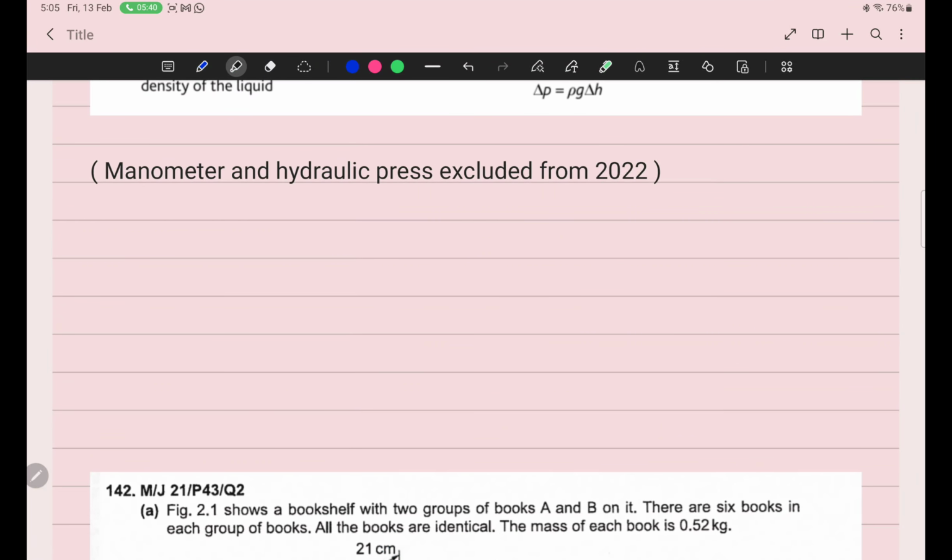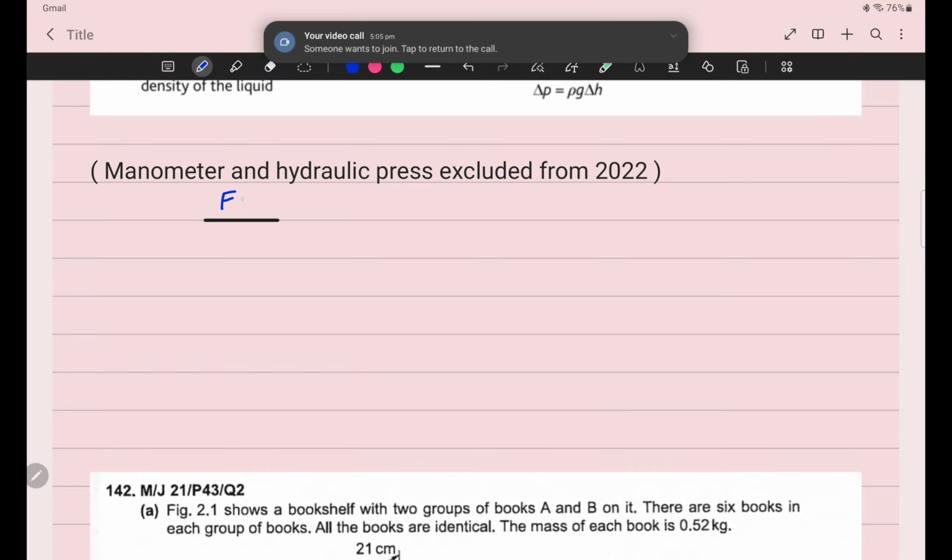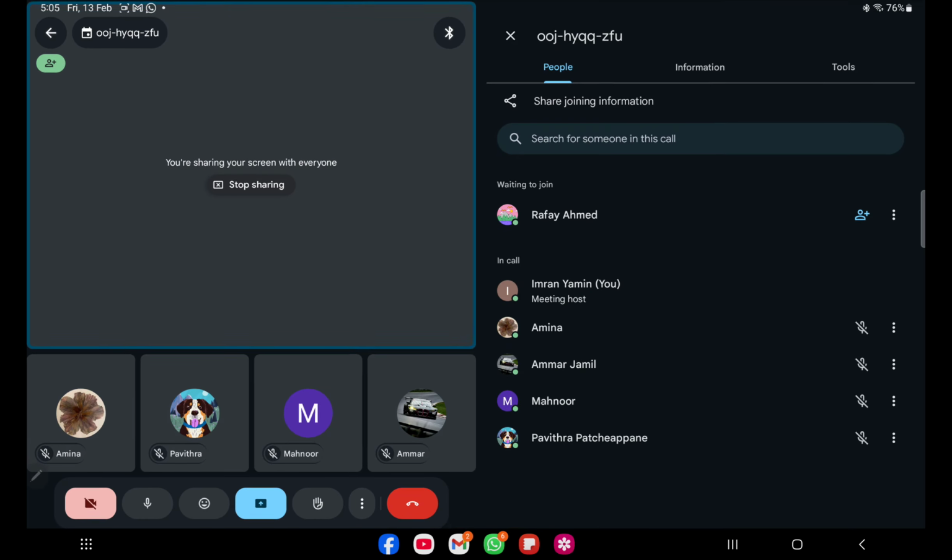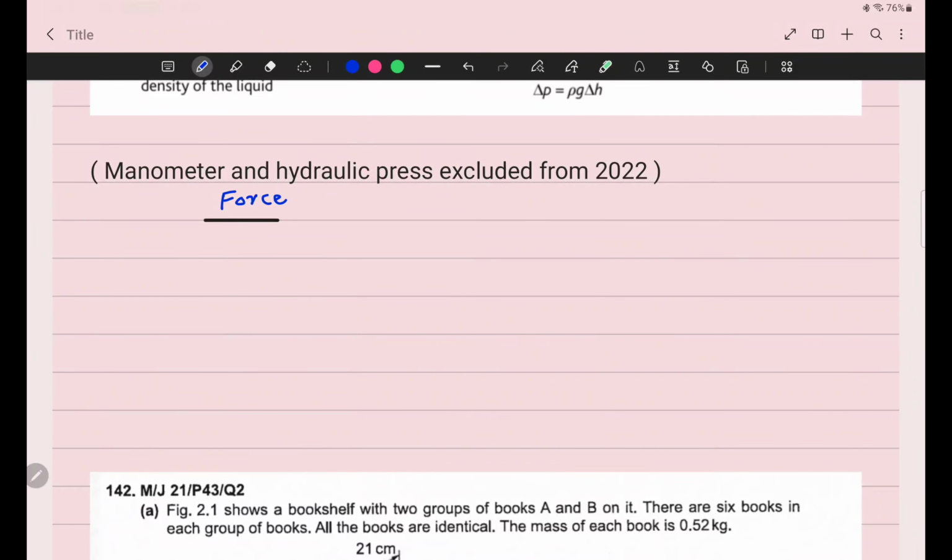Formula number one is: when you exert force on an object, if you divide this force by the area of the surface on which you are exerting force, force divided by area, or force per unit area, it is called pressure.